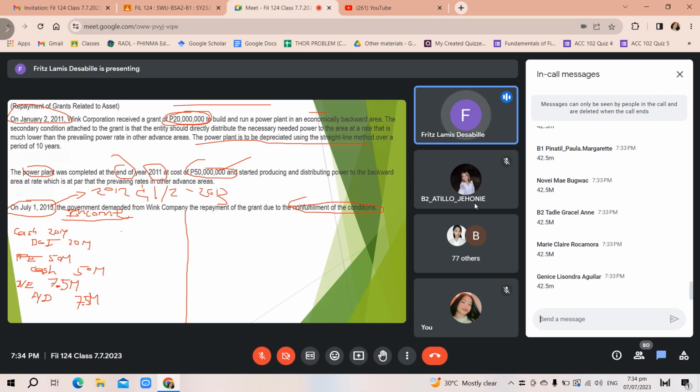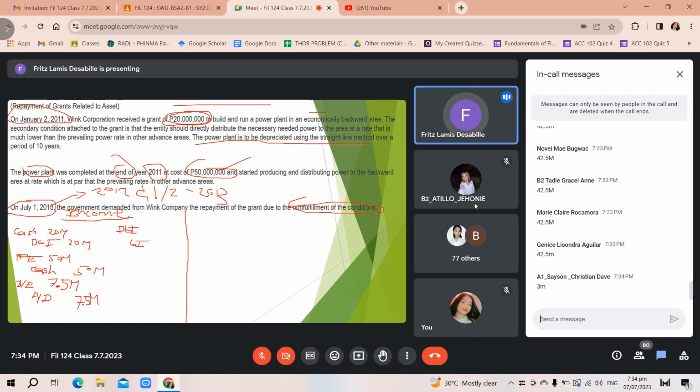How much grant income will we recognize for the 1.5 years? Credit grant income.